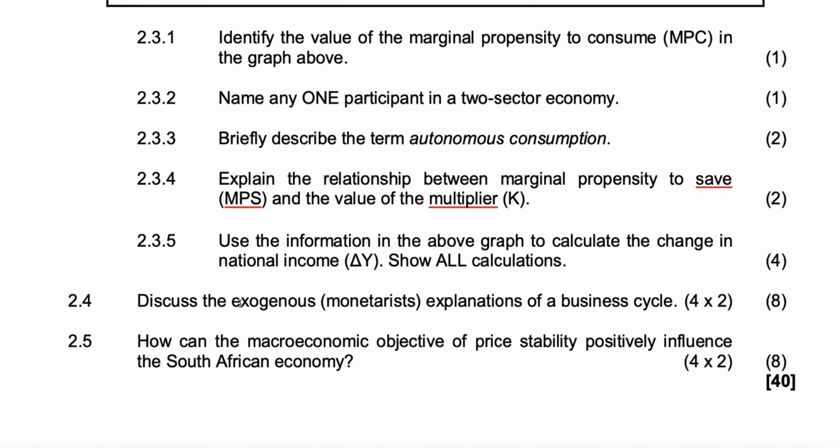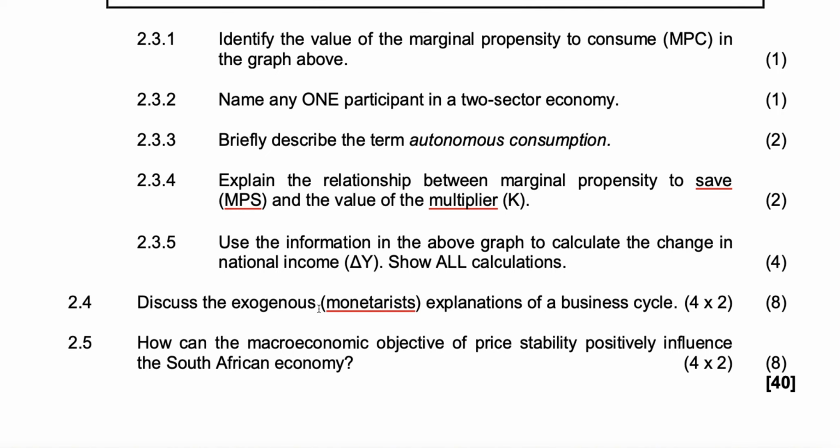All right. Then the next one, discuss the exogenous explanation of business cycles. Well, this is the monetarists. So what do the monetarists say? Well, the monetarists believe that markets are inherently stable, and fluctuations are actually caused by exogenous factors from outside.